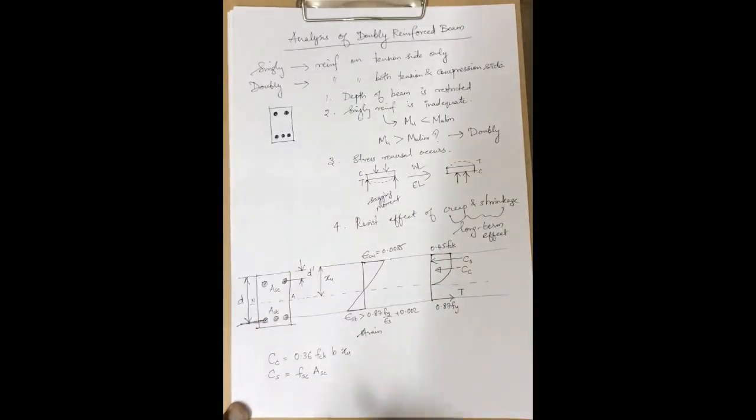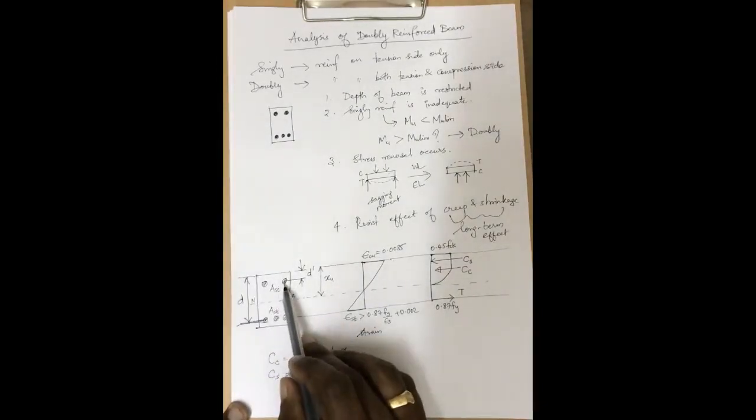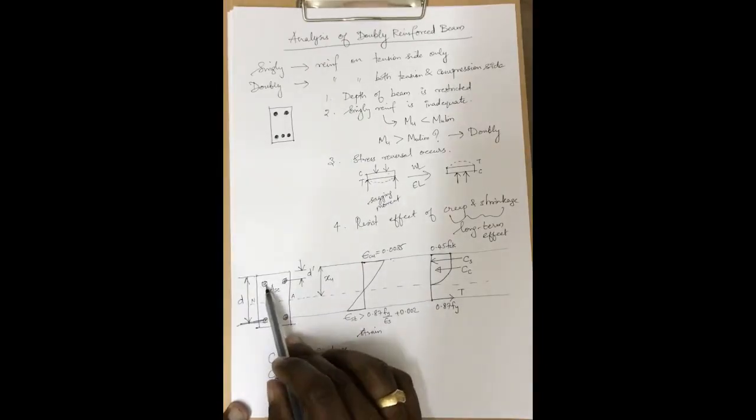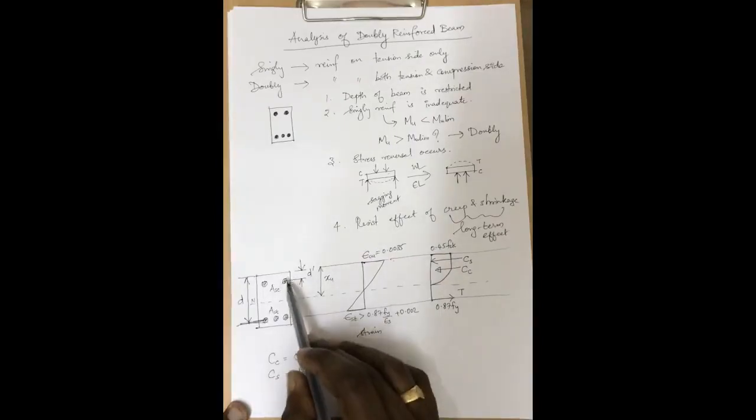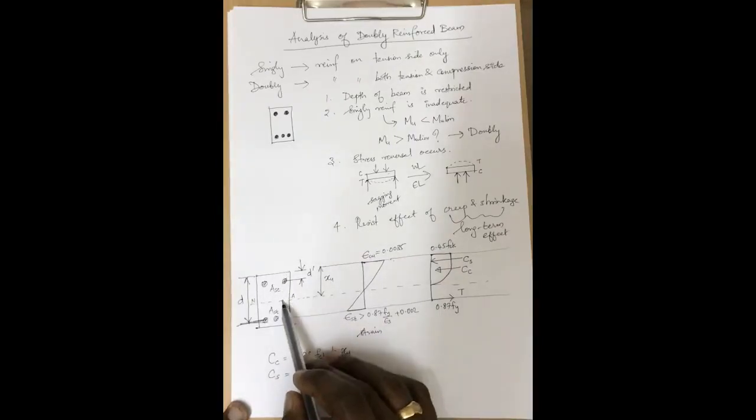But this is not over, because we have to consider the effect of the lack of concrete due to the presence of compression steel. Due to the presence of compression steel, there is no concrete in this area. But we have assumed in CC that there is concrete entirely over this upper portion of the neutral axis.